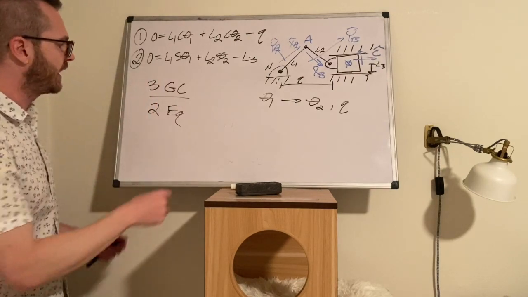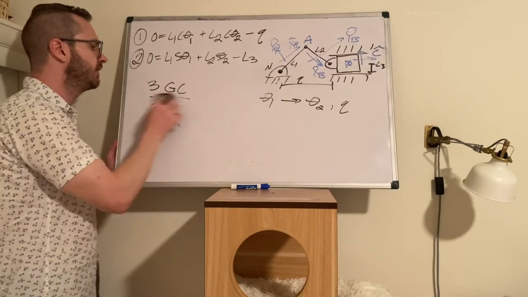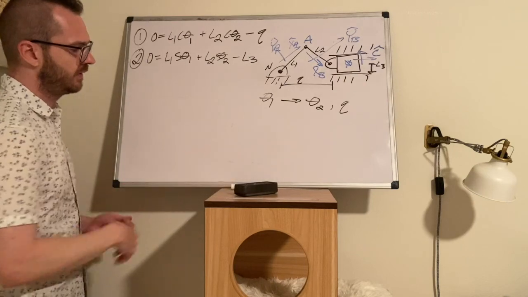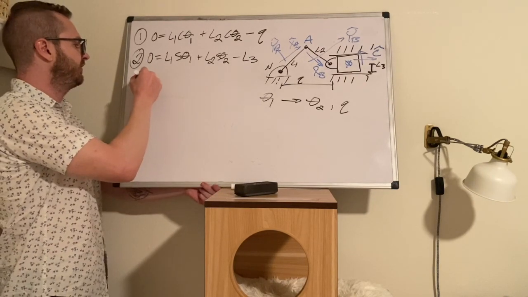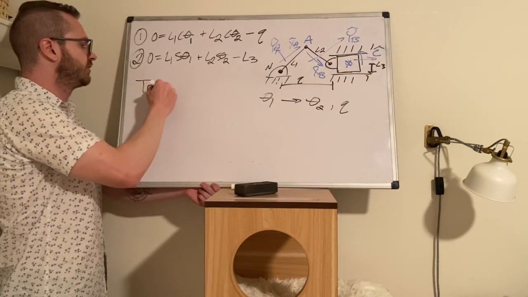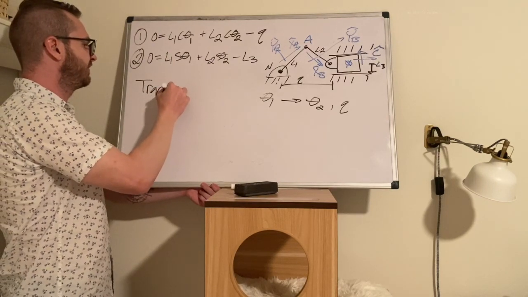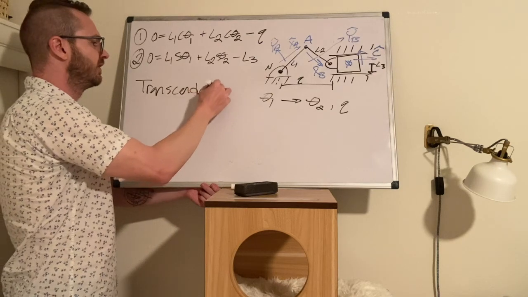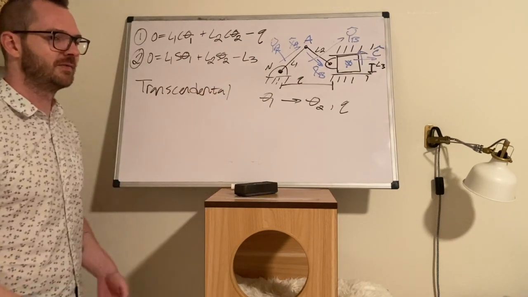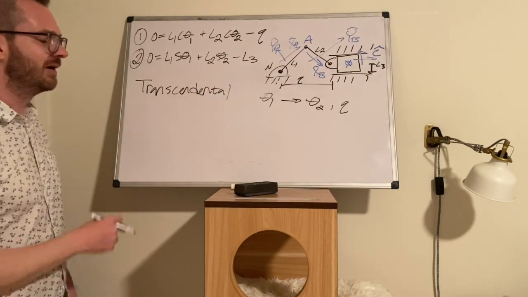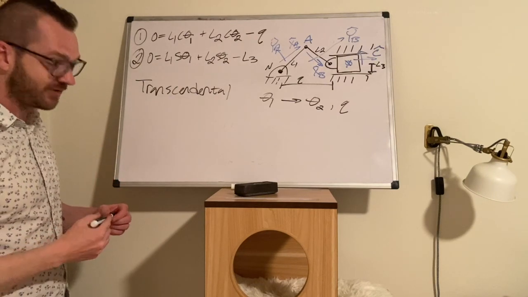Now, these equations can be kind of nasty. These belong to a class of equations called, I'm going to try not to screw this up, transcendental. Yeah, okay. That might be how it's spelled. Transcendental equations, it's a fancy name.